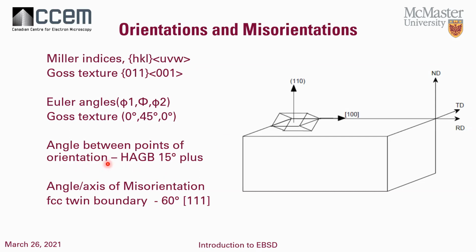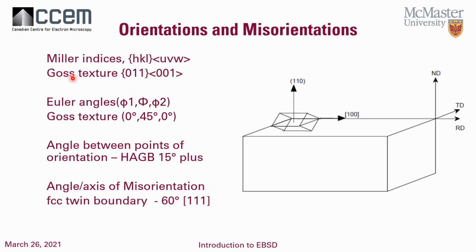We also look at comparisons of different points of orientation, whether they're adjacent or not adjacent, and we need to find these angles or misorientations. We'll also look at boundaries, which are basically points between points of orientation. So we may be looking at angles and axes of misorientation.